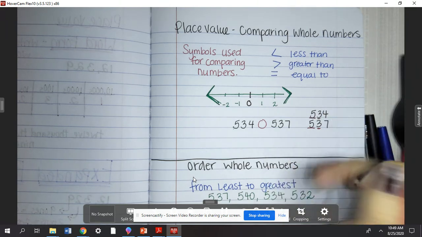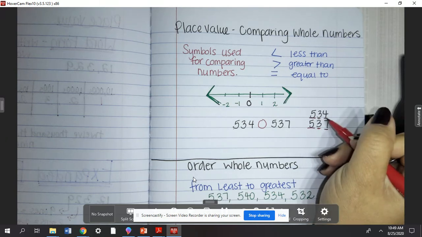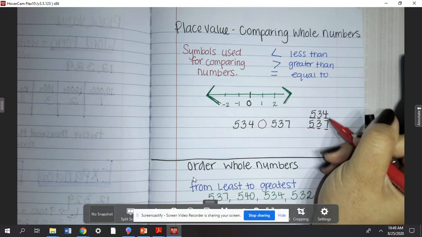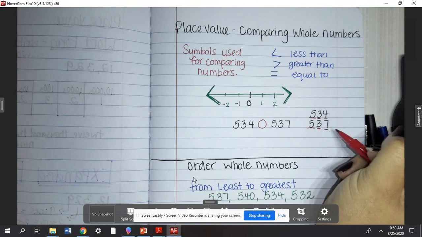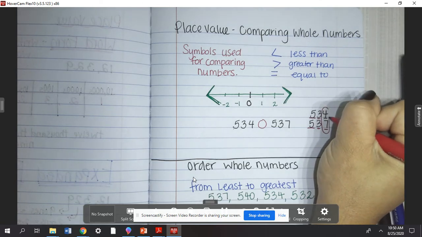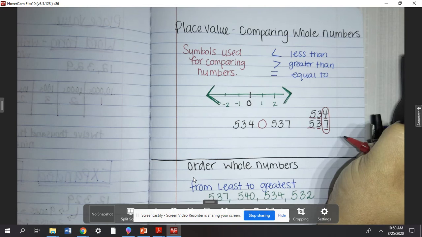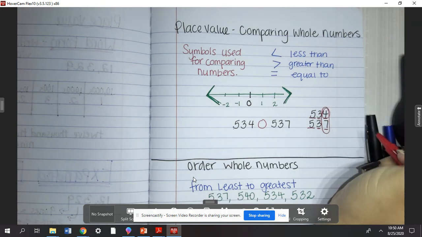Okay. So then I'm going to look again at the last place value, the ones, looking at 4 and 7. Can I tell between 4 and 7 which number is smaller? I can. So right here, I can compare these because the numbers are different. And I know that 4 is the smallest number.